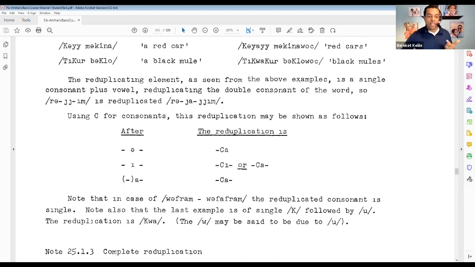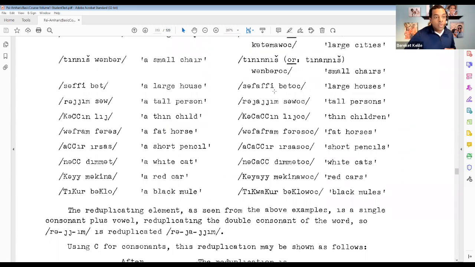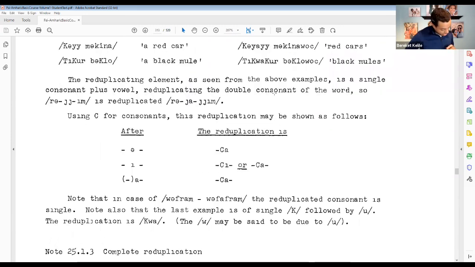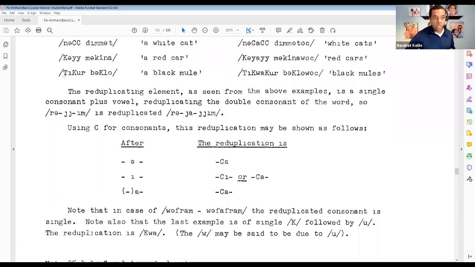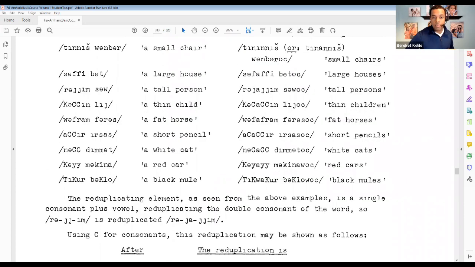It doesn't say that in the text here, but at least based on this list, that seems to be the pattern that I teased out of it. And the author does point out that two examples, wafram and tukor, as we saw, tukor becomes tukwakor, and wafram becomes wafafaram. And so those are two notable exceptions there. And that's subpart 2.